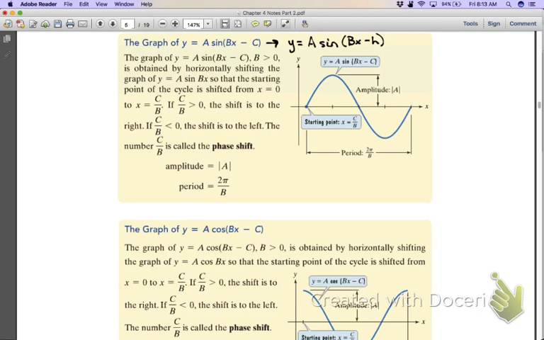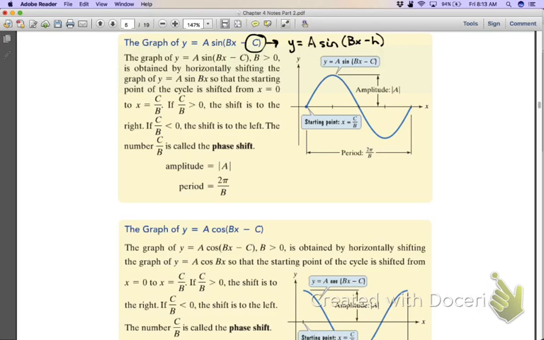It's still the same thing. We're still moving things left and right. The only thing that's different is the value on the backside. Since our formula starts as a minus C, if it's positive, we've got to change it to a negative. If it's still negative, we just keep it as is.